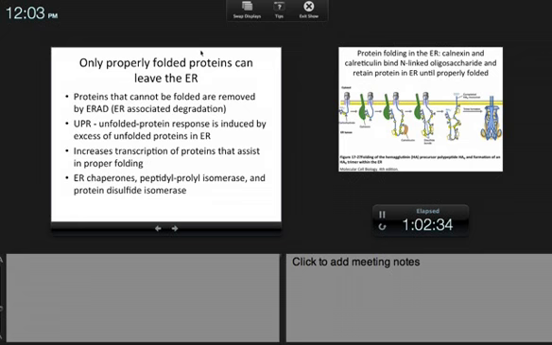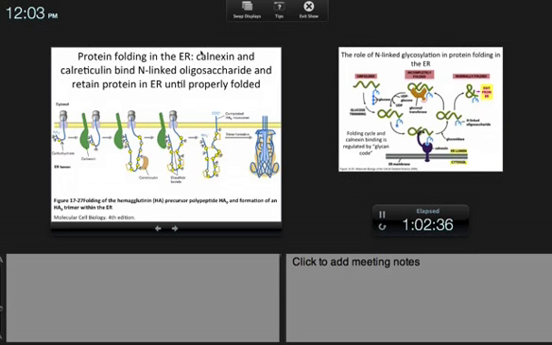So you might say, okay, you were talking about glycosylation and how it's involved in protein folding, and tell me how this happens. And so there's two players that are important here, calnexin and calreticulin. So they are ER-resident proteins that are involved in retaining misfolded proteins in the ER.